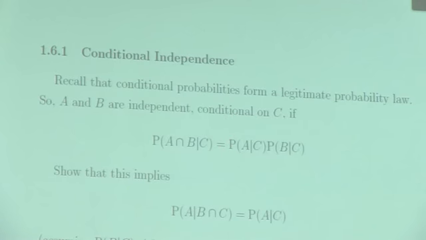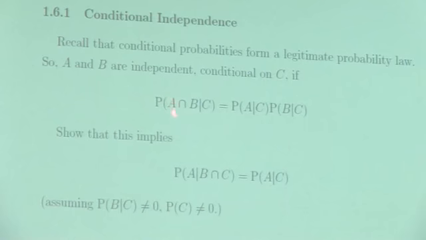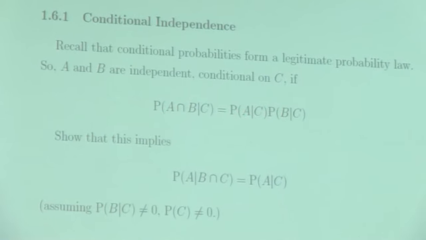So we redefine everything in this new universe. You already know the definition of independence: probability of A intersection B is P of A times P of B. So write everything with C in the conditioning. Okay? So simple.